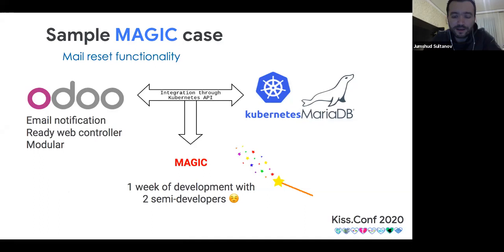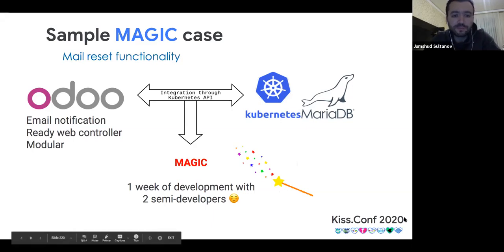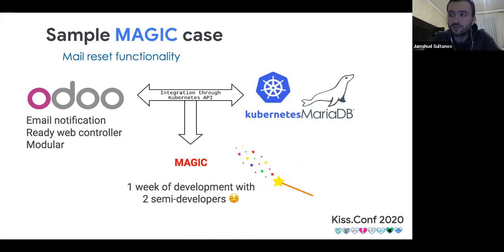So how it happened: from the Odoo side, it was a huge advantage because Odoo has ready-to-use email notification functionality, with which we were able to send email notifications on the go, and it has a ready web controller, which actually enables you to build websites as well.